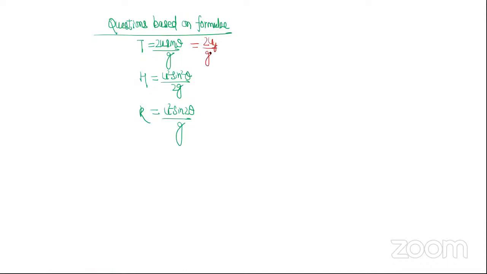See, time of flight only depends on y component velocity. It doesn't depend on x component velocity. Maximum height can be written as uy square by 2g. Range can be written as 2 ux uy by g. याद करो, we had studied straight line motion.